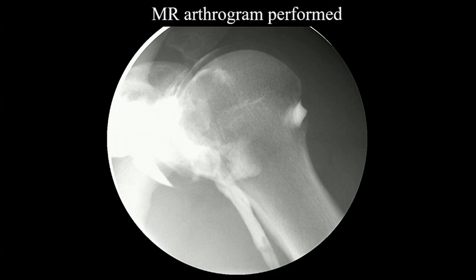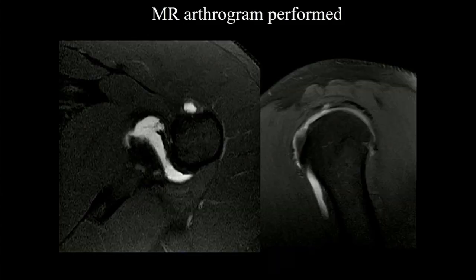Okay, so we're waiting now for the arthrogram, but in the meantime, keep in mind that patients may become claustrophobic. They may refuse to go in the magnet. Sometimes all you get are your fluoroscopic images, so don't forget to take some pictures while you're there. But here is the MR arthrogram. So I'm showing you an axial as well as a sagittal image.